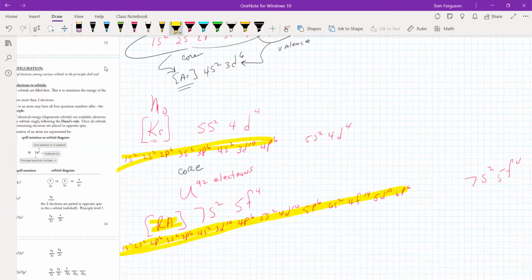Those are all core electrons. They don't do anything for chemistry, so why complicate it by adding all those in? They do exist though. It's extremely important to understand they exist. They're there, they just don't participate in the chemistry. So the real chemistry is over here, the valence electrons. We have 4 electrons in the f block, which I'm going to talk about more in a second, and 2 electrons in the s block.